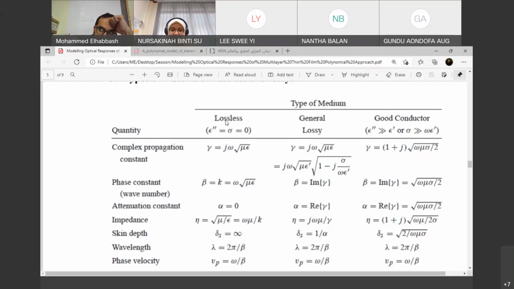That was why I was trying to get clarity. I was looking at the lossless material based on the equation where you were talking about the relative permittivity, if I'm correct. Yes, relative permittivity.